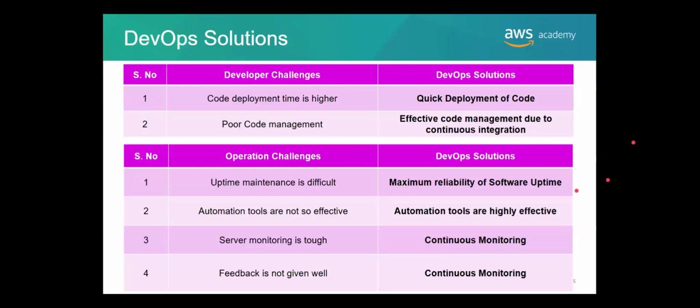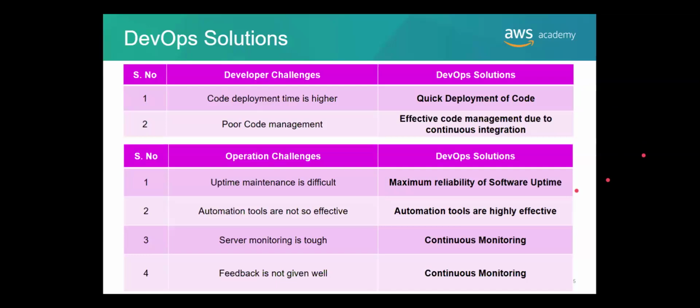Availability. So uptime means always in operation. Uptime maintenance means reliability of software uptime. That means when you're updating, the software should also be available. During that time also it should be available.